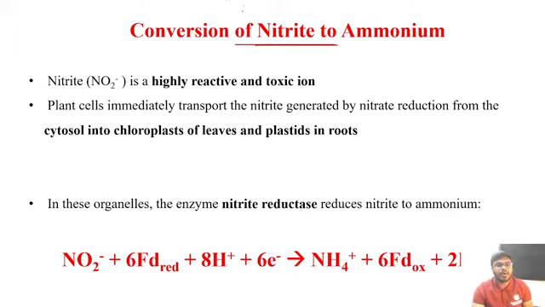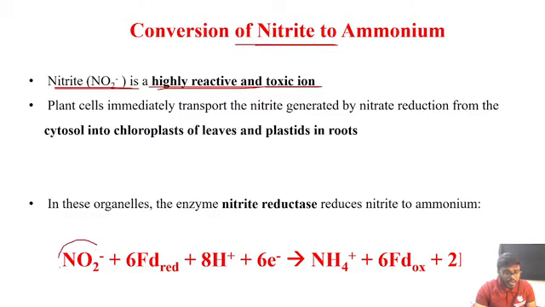But when compared to NO3, NO2, that is the nitrite, is a little more toxic. Very highly reactive. That's why plants should not store it. So they have to convert this nitrite to what, my friends? Ammonium. Please don't forget the statement: nitrite is a highly reactive and toxic ion. Never forget that, friends.